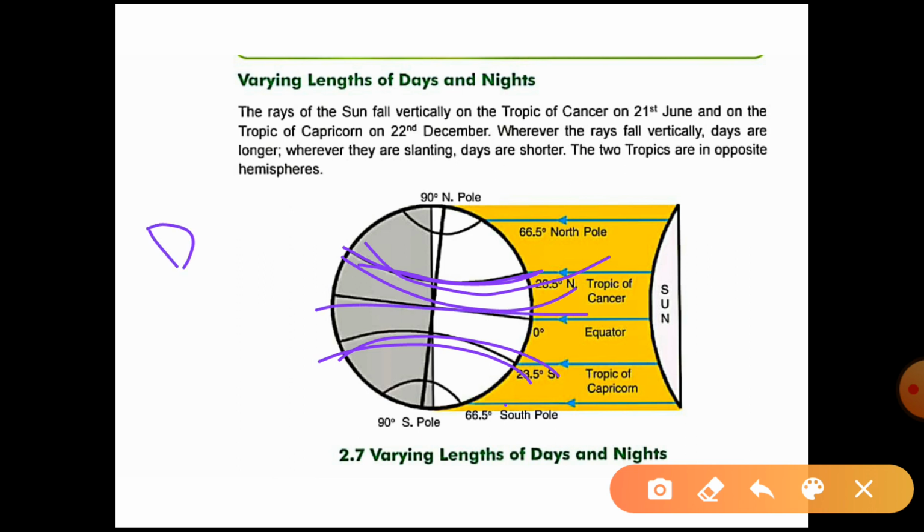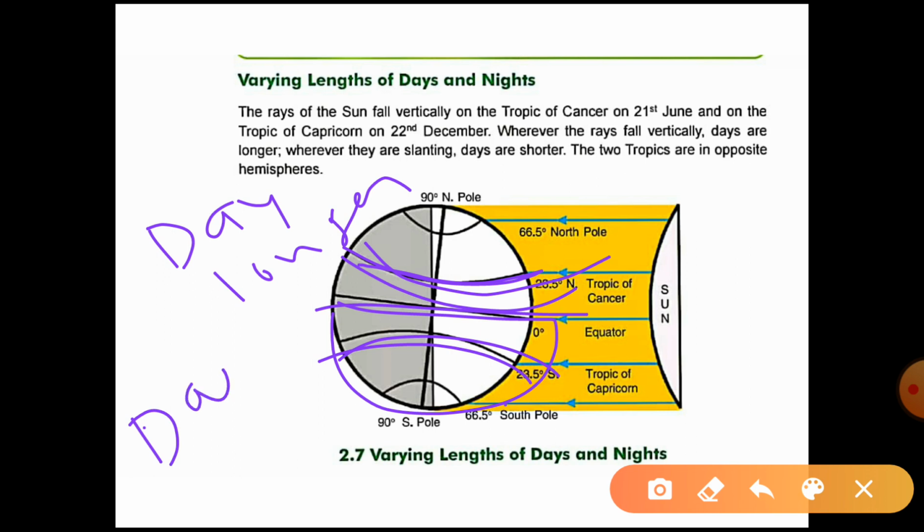Here day is longer. And here in the southern hemisphere days are shorter. Same way, here night is short and here night is long.